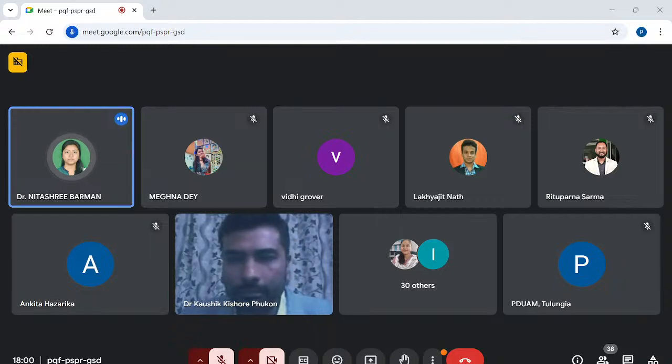The first session will be on sampling technique, delivered by Dr. Kaushik Kishore Fukon sir, Assistant Professor, Department of Information Technology of PDM Tulungia. And the second session will be on designing of questionnaire, delivered by Dr. Dibjyoti Kolita sir from the Department of Library and Information Science of Cotton University.